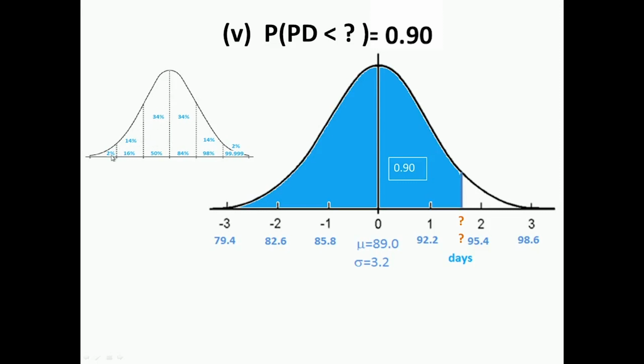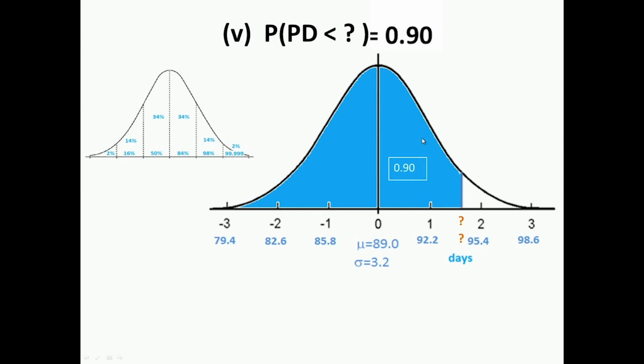As you accumulate, you get 2, 16, 50, 84, and when I am saying 90, it should be less than or equal to 90. When we say we want a 90% certainty, we are looking at somewhere between 84 and 98, which is between the first and second standard deviation, and that is what is highlighted here.